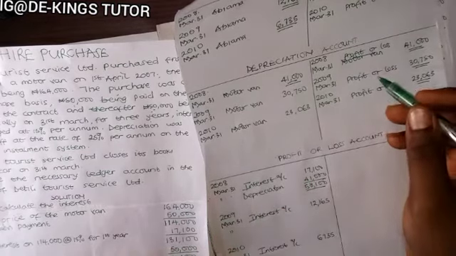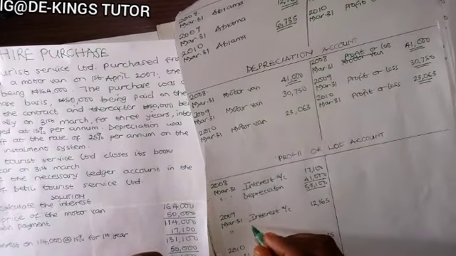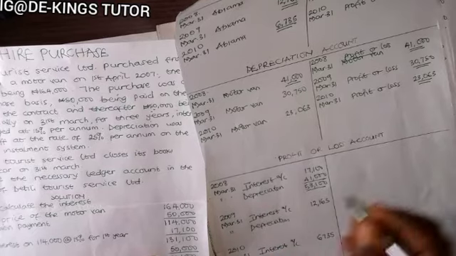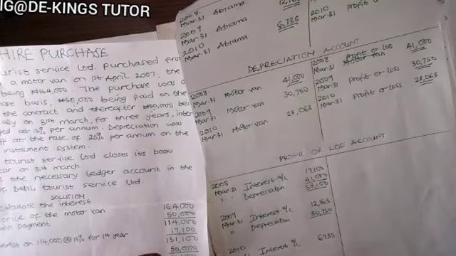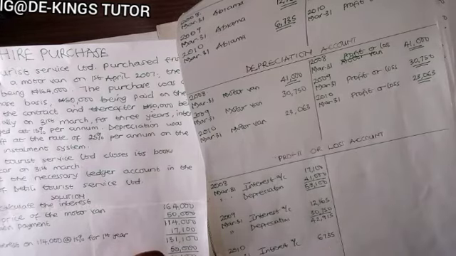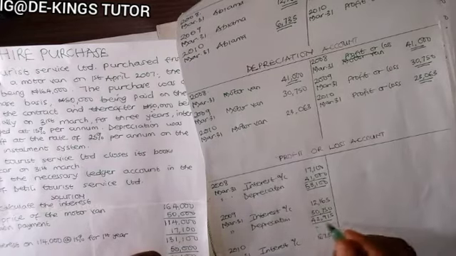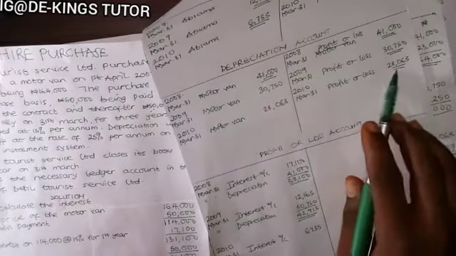For 2009, bring what you have here to be depreciation. You have 30,750. So when you add them, you have 42,915.